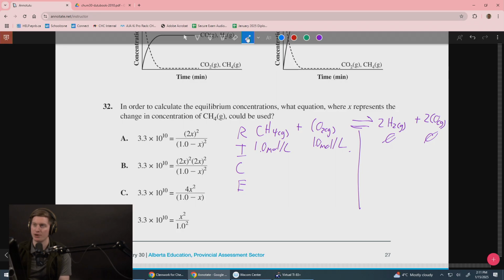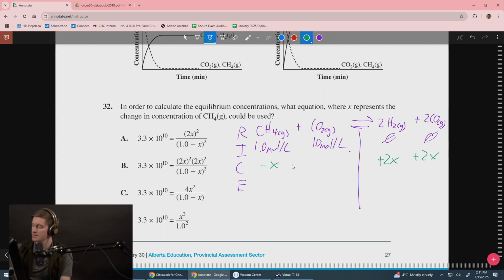Again, as I said in the graph question, because these have a coefficient of 2, they're going to grow by some amount twice as much as our reactants are going to shrink in their concentration.